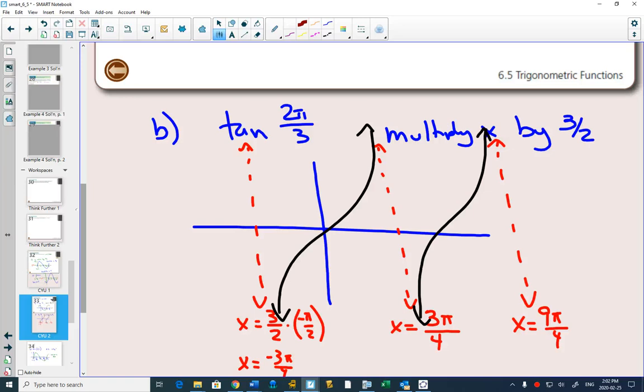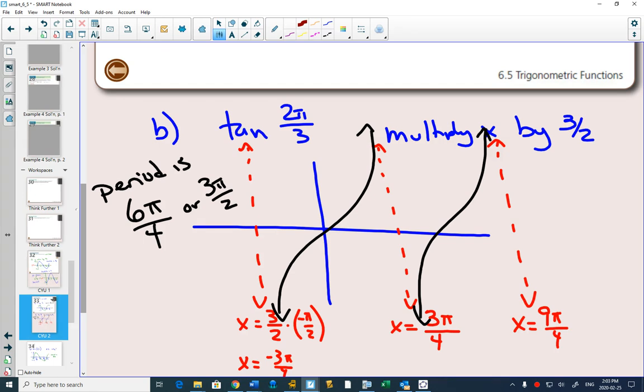The period of your tan graph is the distance from one asymptote to the other asymptote. So how far is it from negative 3 pi over 4 to 3 pi over 4? 6 pi over 4, which you could reduce to just be 3 pi over 2.